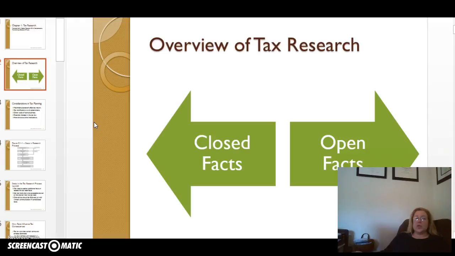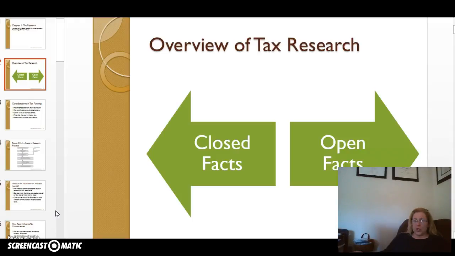We're going to distinguish between closed fact and open fact situations. A closed fact means basically the facts have already occurred. They're in the past, and we really can't change anything about them. Open fact tax situations mean basically that you are able to plan for the taxes so that you can make smart decisions about whatever transaction you are thinking of engaging in.